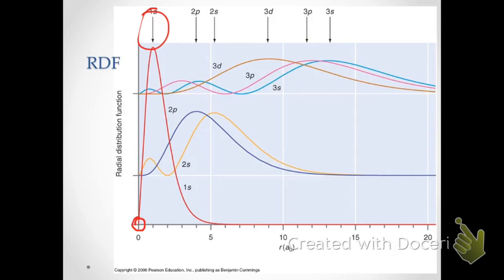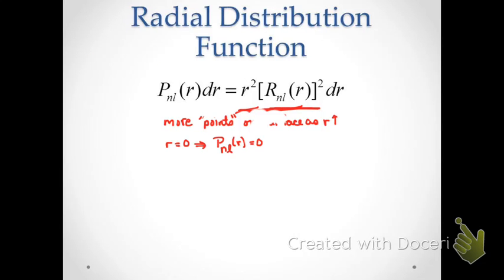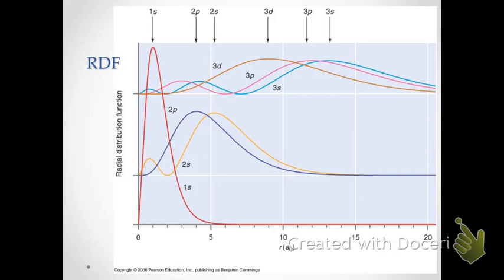If we look at these different orbitals, we'll see that of course all of them have 0 probability at the nucleus, and several of them have multiple maxima. Looking at, for example, the 2s and the 2p orbitals, we'll see that the maximum for the 2p orbital is here.